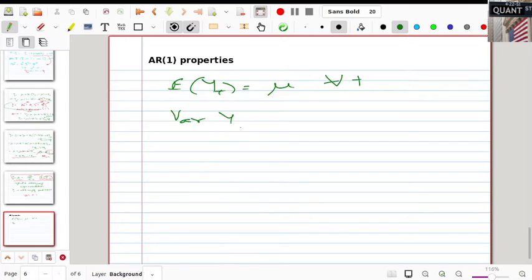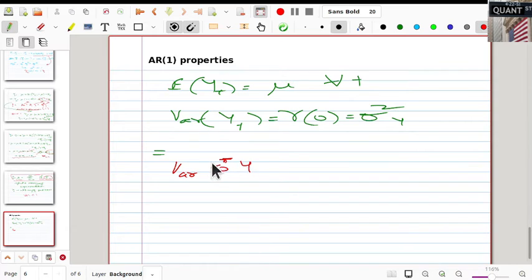Variance of yt equals gamma 0, which equals sigma square y, and let's see how we can derive this. So here we'll be using the formula for variance, which is variance of omega transpose y, where omega and y are matrix representations.